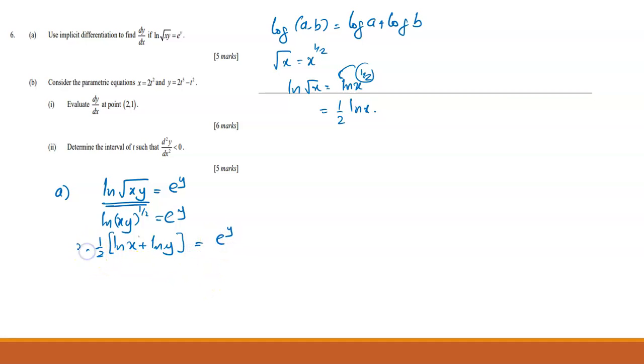So multiply by 2 on both sides. Then natural log of x plus natural log of y equal to 2e to the power of y. Okay, so now differentiate this one by one with respect to x.